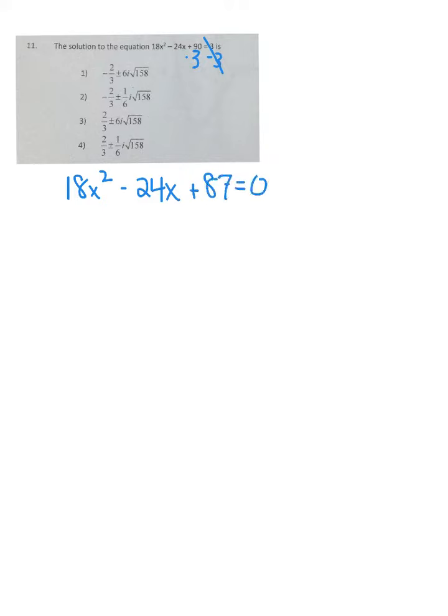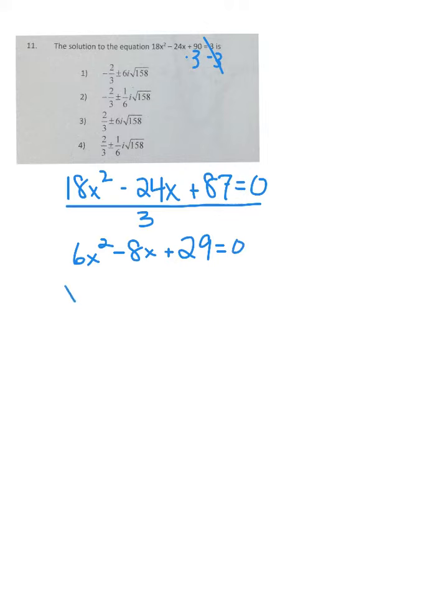Those are kind of big numbers. So I would say, oh, wait a minute, is there a GCF in there? And there most certainly is. It's 3. So it makes it a little bit easier. If I divide out that 3, I get 6x squared minus 8x plus 29 equals 0.